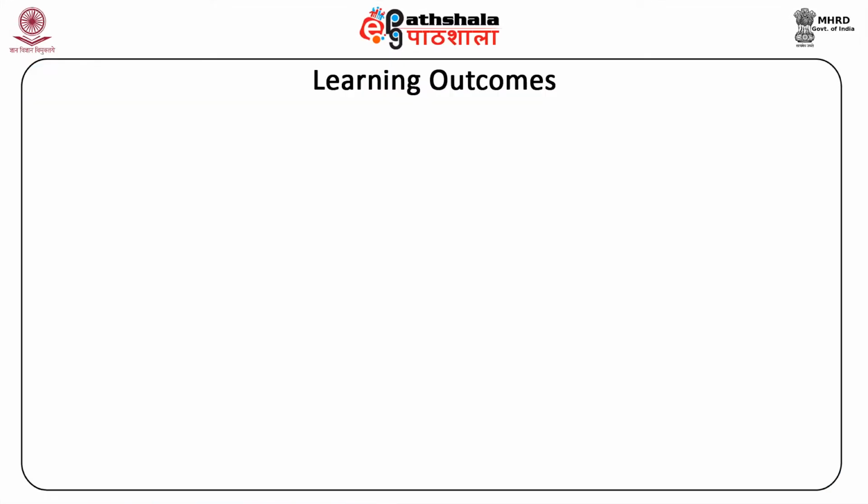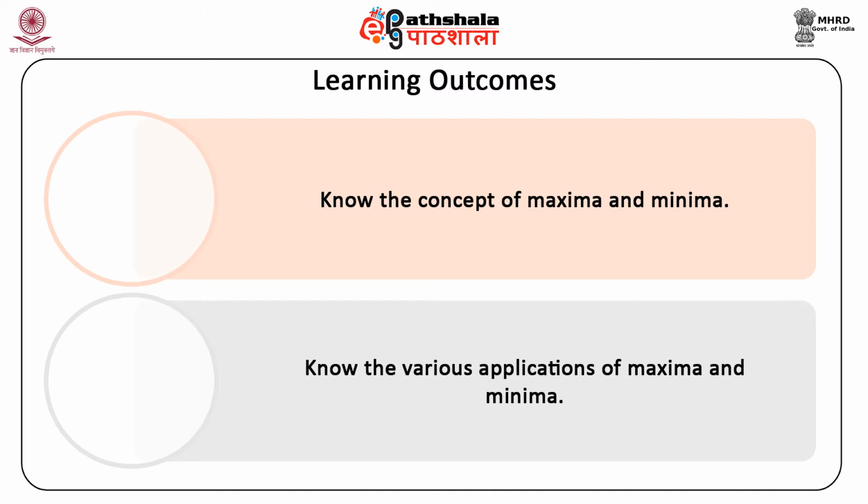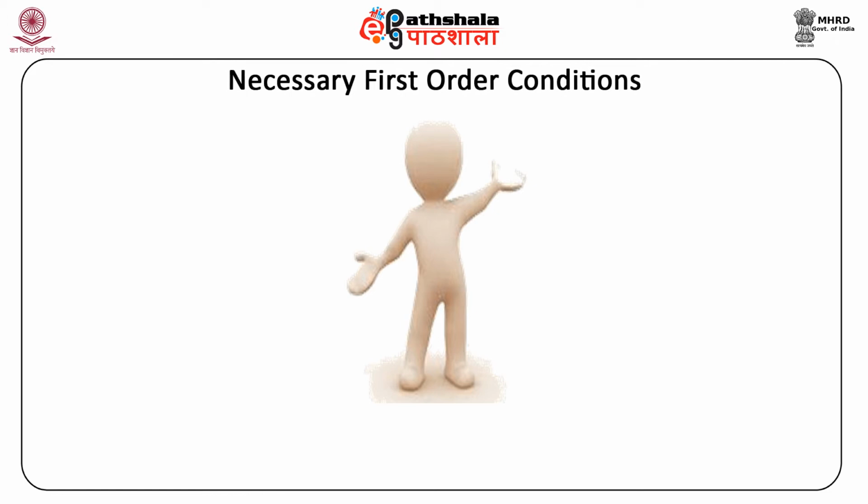After studying this module, you shall be able to know the concept of maxima and minima, and know the various applications of maxima and minima. Let's see the necessary first order conditions for C to be a maximum or minimum point for f.